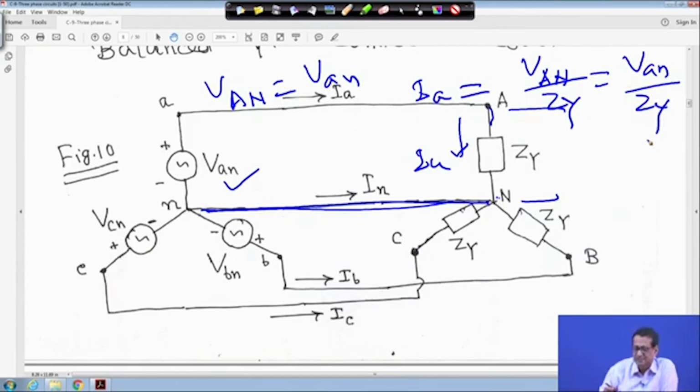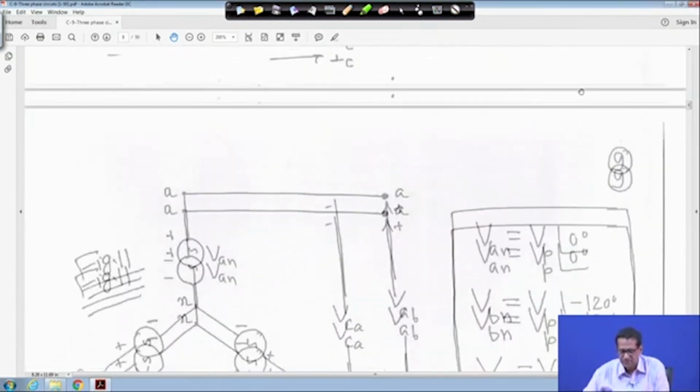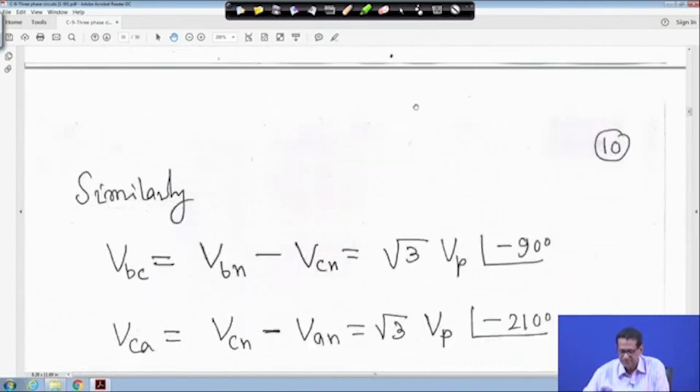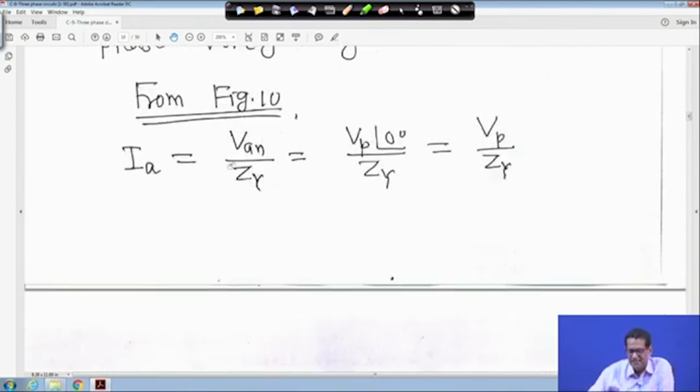Similarly for IB and IC. So here we are writing from figure 10, IA is equal to VAN upon ZY, which is VP angle 0 degree by ZY, equal to VP upon ZY.